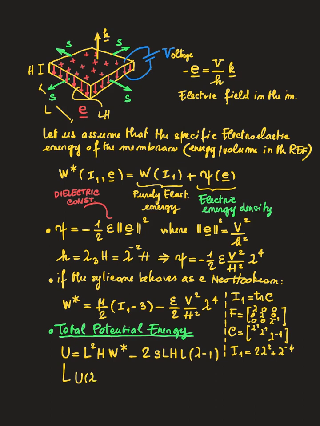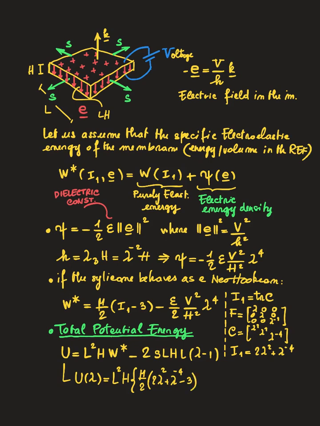So in other words, if you want to rewrite it more nicely, this expression is only a function of lambda. So we get U of lambda, which is in fact equal to, well, I want you to notice also that from these expressions, the quantity L squared H can be collected from everywhere. So I can just write this is equal to L squared H, and inside of this bracket, I will now put this energy when it's evaluated with this invariant. So instead of this I1, I put this. So this becomes mu divided by 2, and inside here I put 2 lambda squared plus lambda to the minus 4 minus 3.